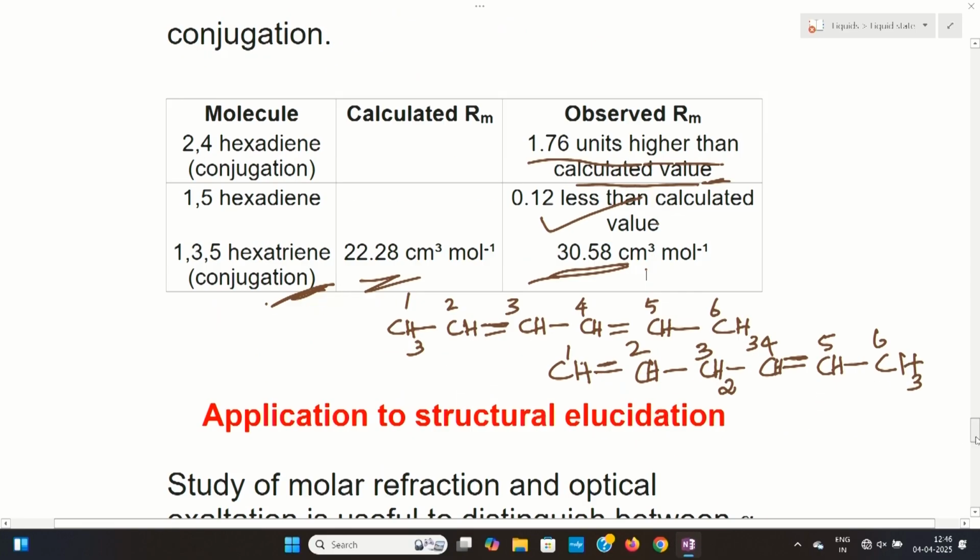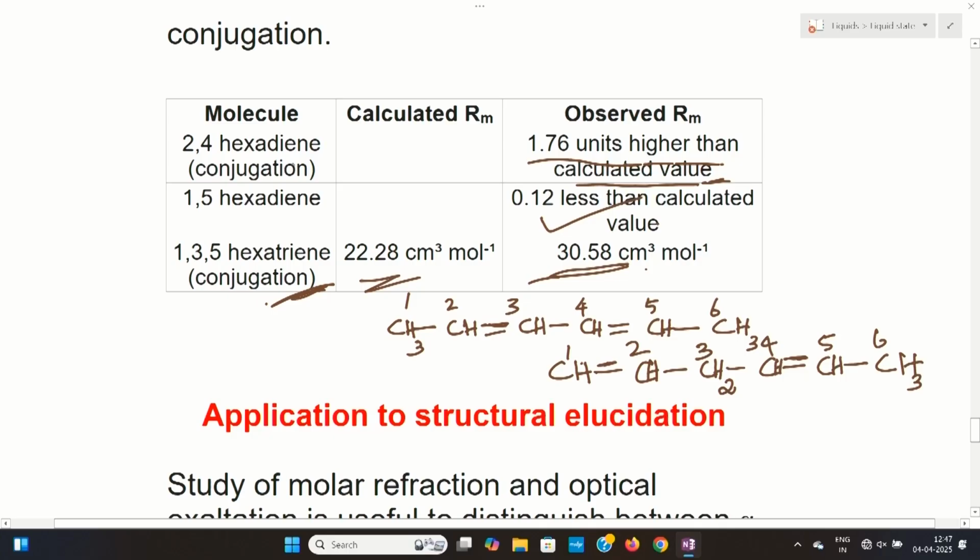The double bonds are there in the first position, third position and fifth position. Conjugation means alternate double bonds are there. Hexatriene means hexa, 6 carbons are there, and triene means 3 double bonds in alternate positions. That is 1,3,5-hexatriene.